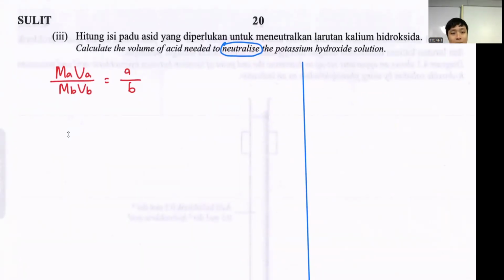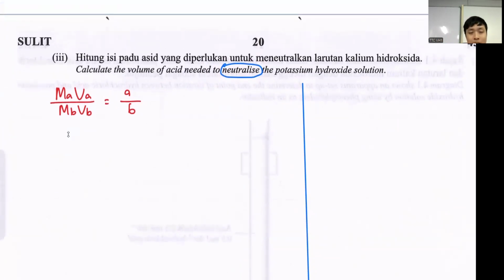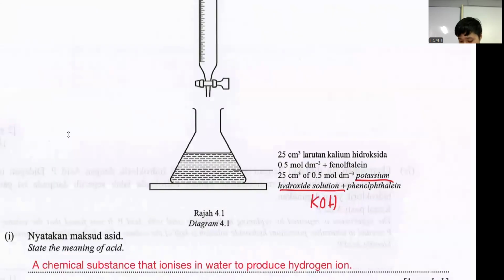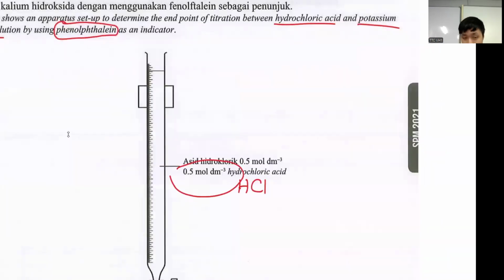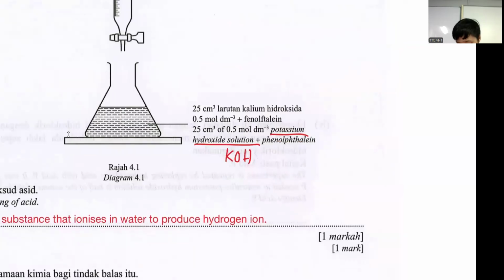And then you know M, right? M is the molarity, or you call it the concentration. Now this is given, 0.5. This is the M. Now this is MA. 0.5 is MA, molarity of acid. Another 0.5. This is for alkali. MB, molarity of base.